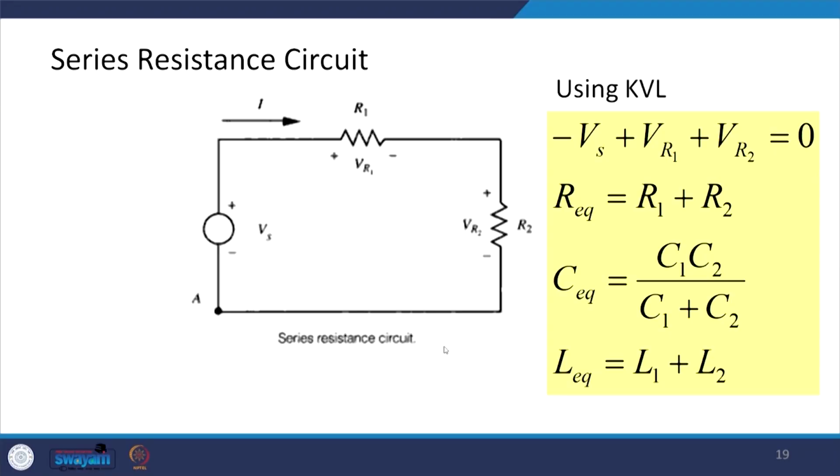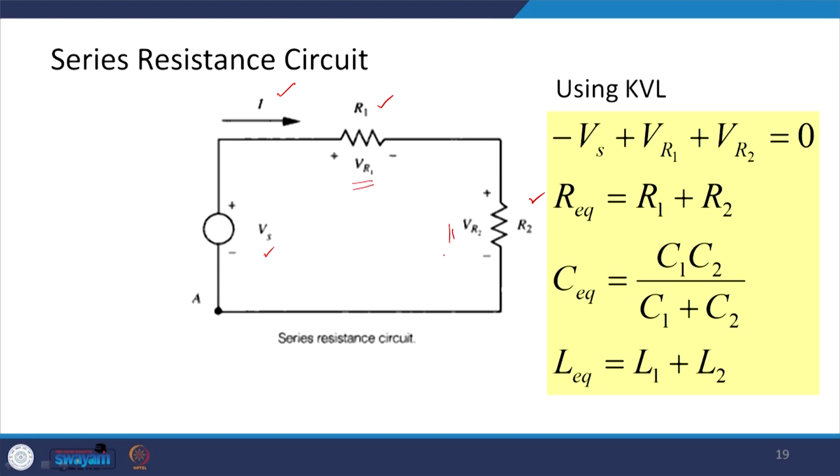Now, if we have a series resistance circuit consisting of, say, two resistors with values R1 and R2, and we assume this direction of current, say this is a voltage source, then the voltage drops here are VR1 and VR2.